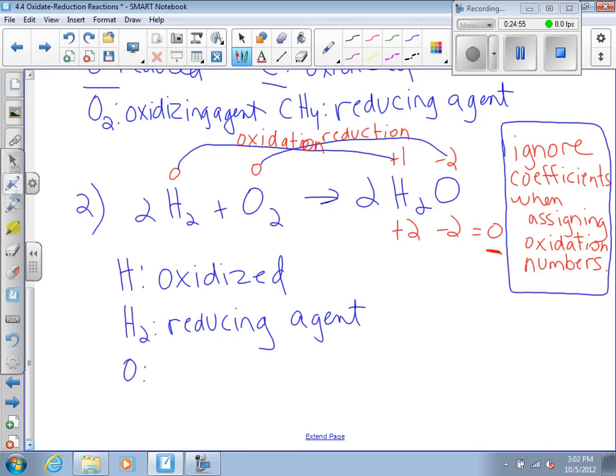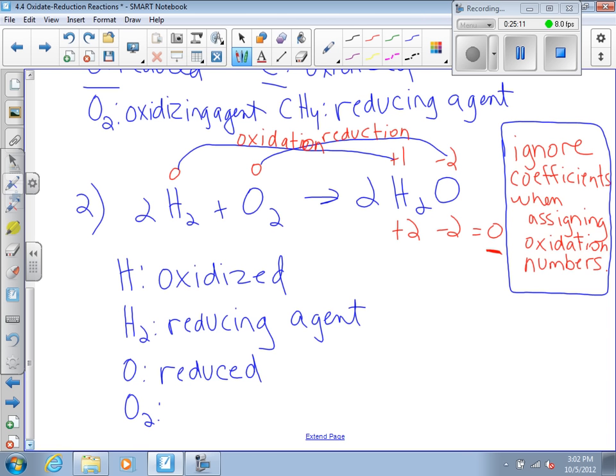So let's check on the oxygen now. The oxygen, we look up here, got reduced. I just write the atom that got reduced. Oxygen got reduced. Now, the whole reactant, O2, and I don't need to include coefficients here.